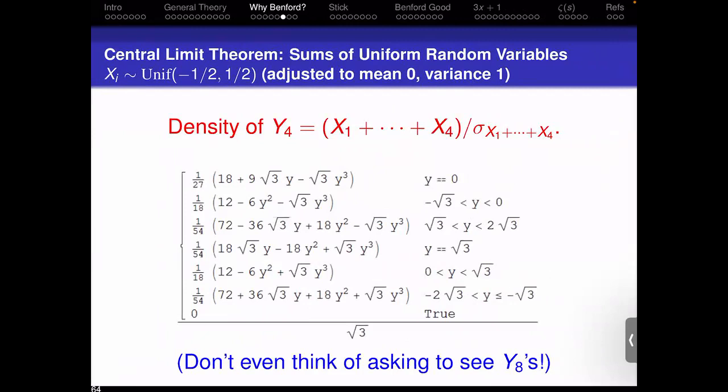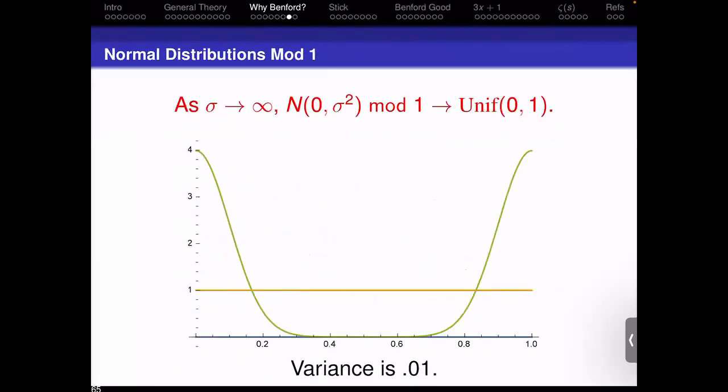So to make these arguments work, no one wants to use densities explicitly like this. We just need some kind of quantified version of the central limit theorem. What's the main term? What's the error in the approximation by the normal distribution? So to give a specific example, let's take a normal distribution with mean 0 and variance sigma squared, and let's look at it modulo 1.